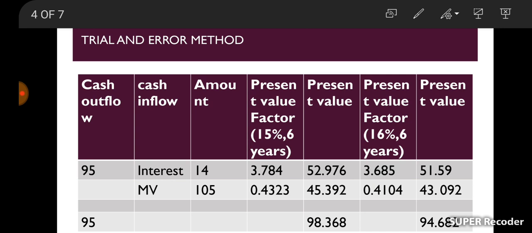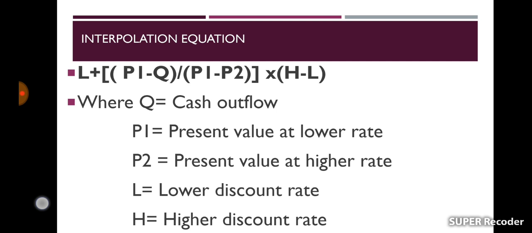Here our YTM lies between 15% and 16%, and we need to know the actual value. So we are applying the linear interpolation formula. The equation is like this: L plus (P1 minus Q divided by P1 minus P2) into (H minus L).